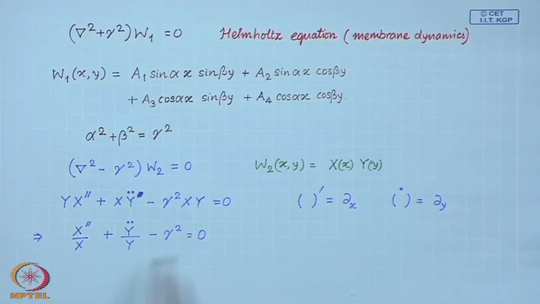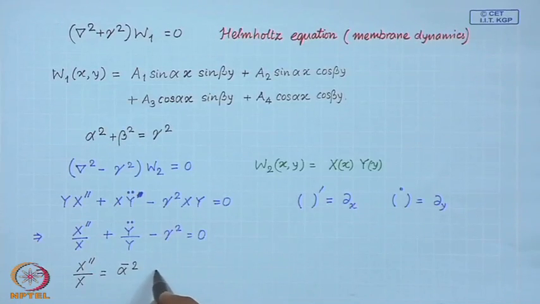So, for arbitrary x y, if this equation has to be satisfied, then each of them must be constants. So, that would imply, let me indicate this constant by alpha bar square.